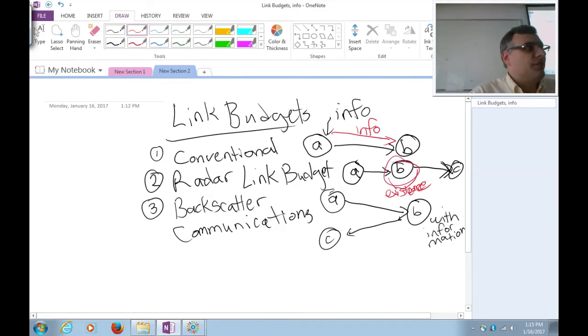It's the presence of scatterer B. And so the information is really part of the environment. In number 3, the information is actually coming in through node B. Node B is actually adding information, and then it's making its way back to a remote location.